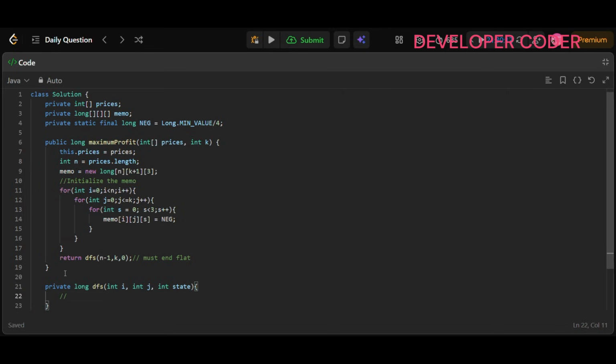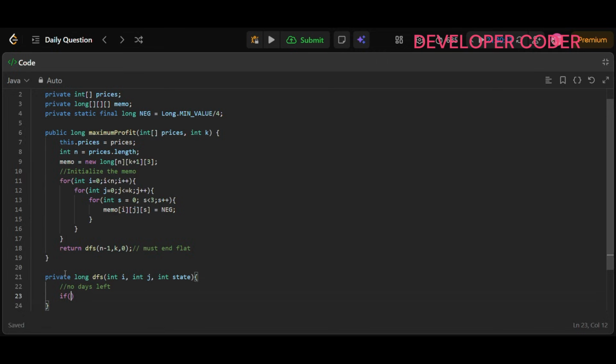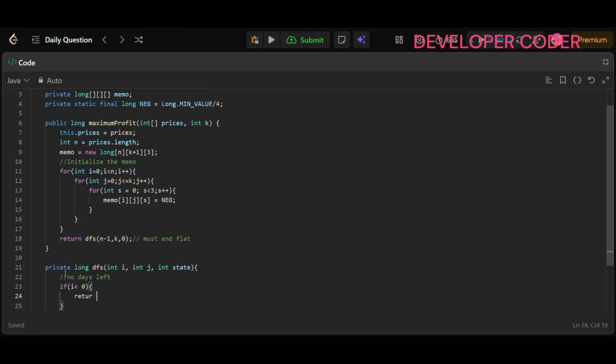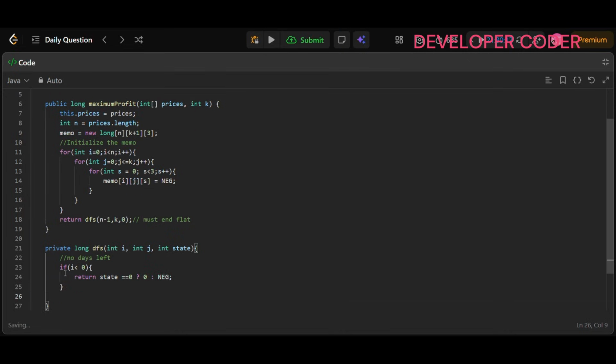So here base condition, if no days left: if i is less than 0, you can simply return, if state is equal to 0 then return 0, otherwise you have to return negative infinity. And by default all the values in your memo are negative infinity initially.